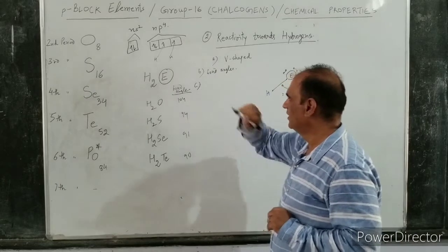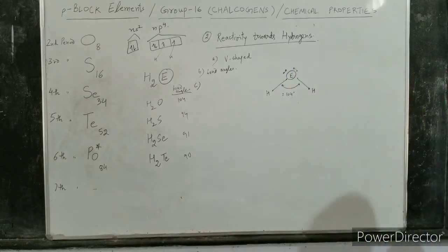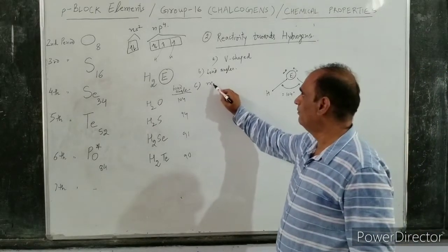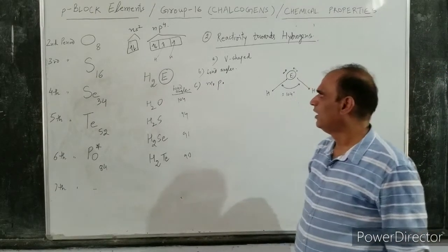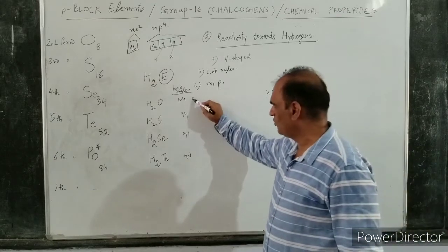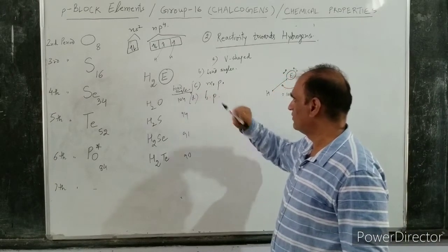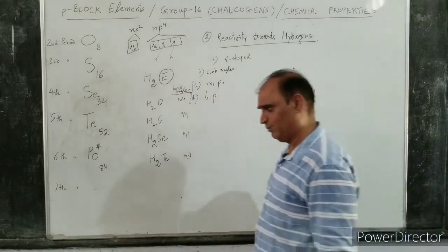Now, the third thing, let us discuss their melting points. About the fourth also, let us discuss these two together because both have the same basic concept, melting points and boiling points.